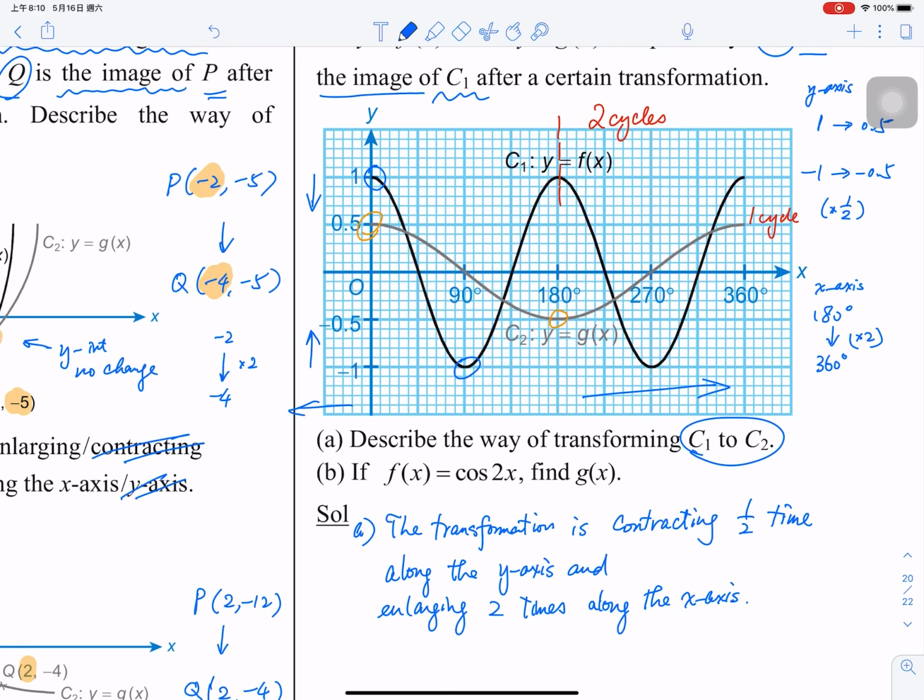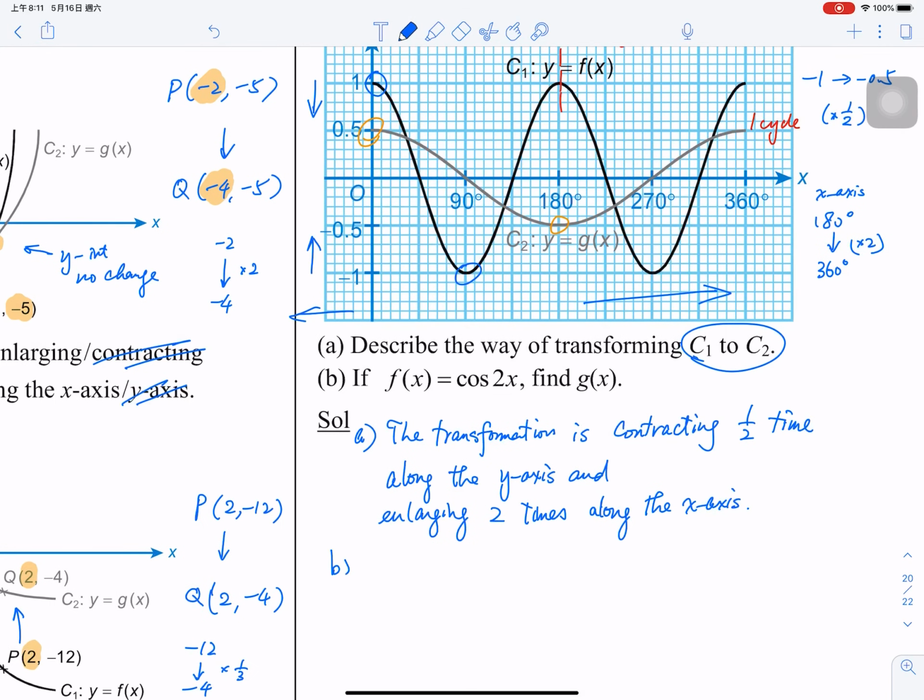The transformation is contracting 1/2 time along the y-axis, that is, about y, contract 1 over 2 times along the y-axis, and x enlarging 2 times along the x-axis.